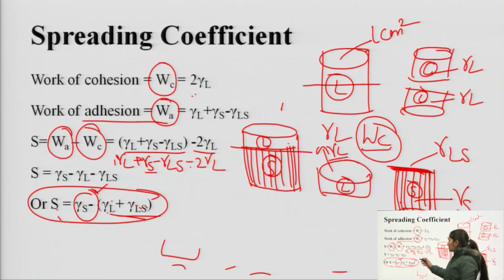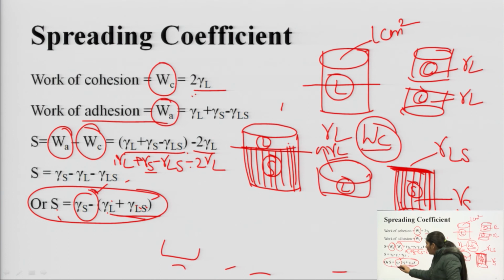So, the spreading coefficient value will be the difference between the work of adhesion and the work of cohesion. Work of adhesion value is gamma L plus gamma S minus gamma Ls. So S is equal to WA minus WC, that is gamma L plus gamma S minus gamma Ls, minus work of cohesion, which is equal to 2 gamma L, and it becomes gamma S minus gamma L minus gamma Ls.